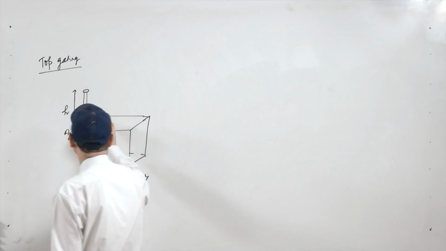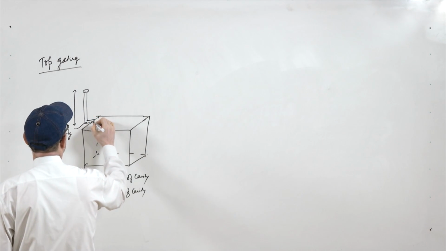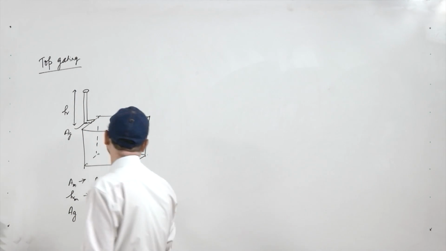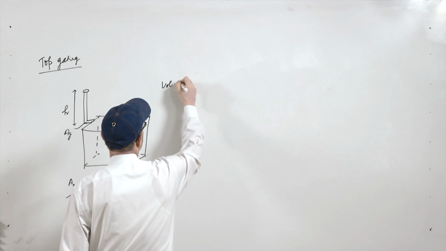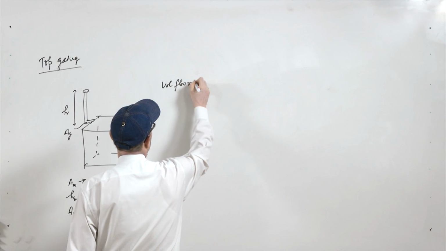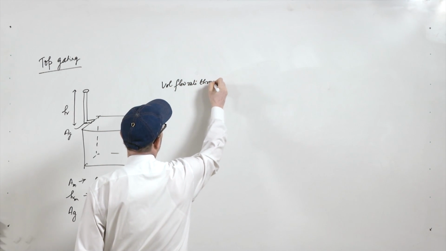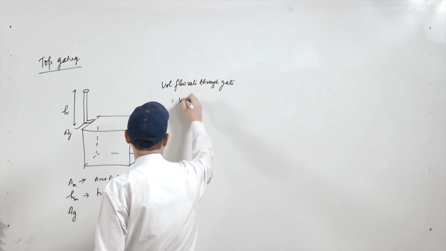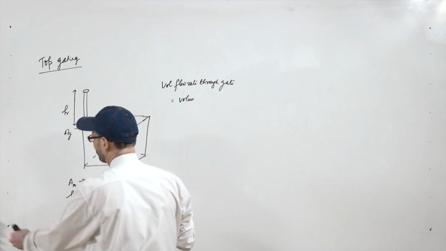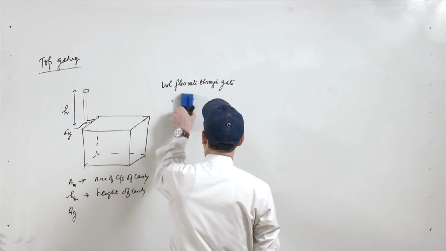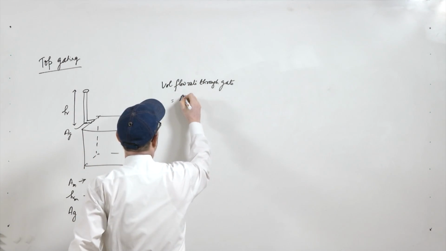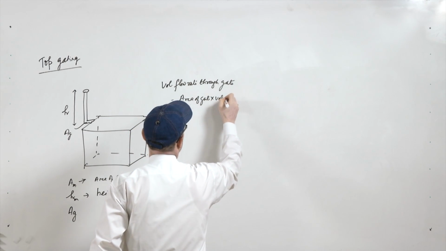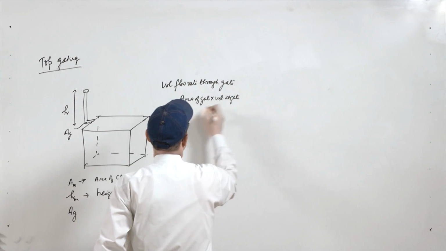So, the volumetric flow rate will be area times the velocity at this point. The volumetric flow rate through the gate, that is the top gate, will be area into velocity: the area of the gate, AG, into the velocity at the gate.